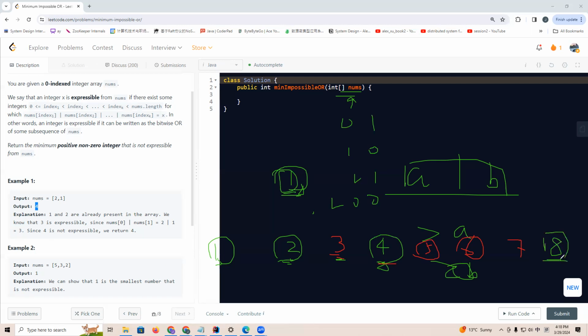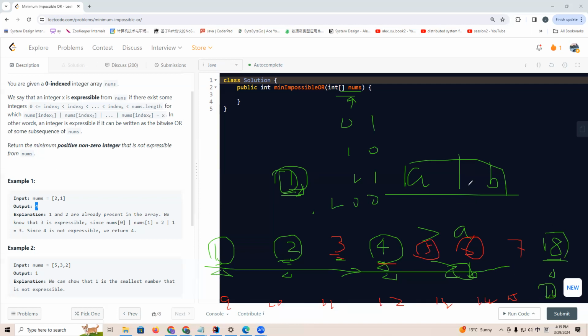So by looking at this sequence, what we need to check is 1, 2, 4, 8. And from 1 to 8, we can OR to be 9, 10, 11, 12, 13, 14, 15. So the next one we need to check is 16.